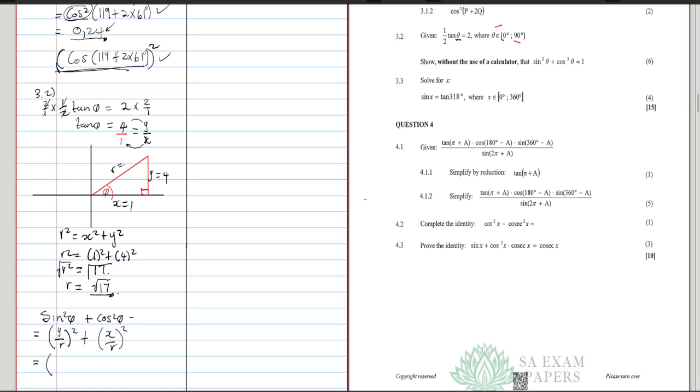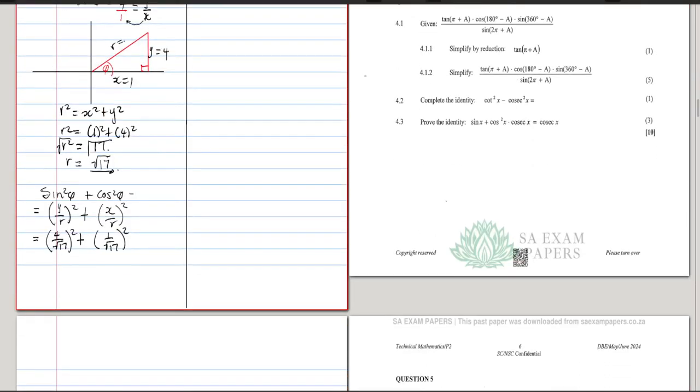What is the y value? It's 4. R is the square root of 17, squared, plus x, that is 1, over r, which is the square root of 17 as well, squared.